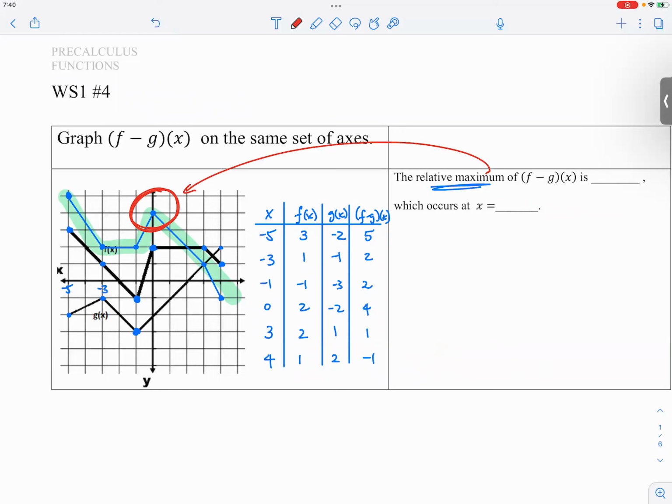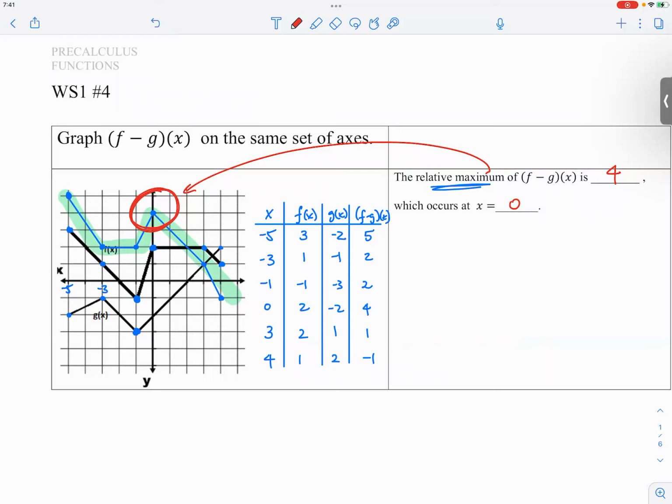And this relative maximum will be 4 when x is equal to 0. Okay. So again, relative maximum, the word itself gives you the hint, it's relative. So the numbers around it should be lower than this particular point. And that creates the relative maximum.